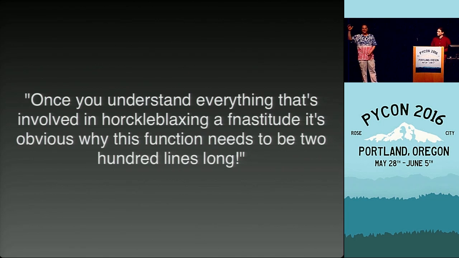How many of you have heard a response like this when you've asked someone why their code is too long? And how many of those times could you actually find a way to split it up later? Yeah, most of the time.